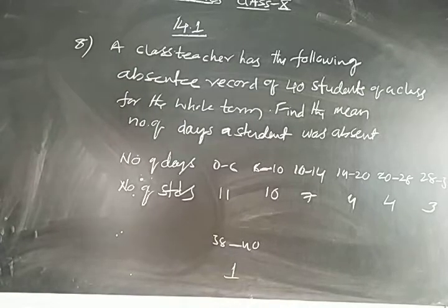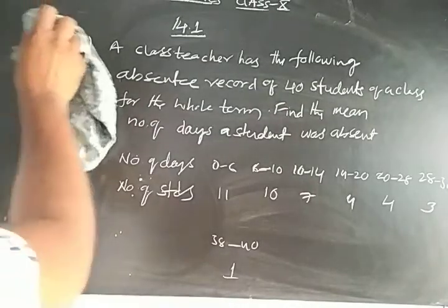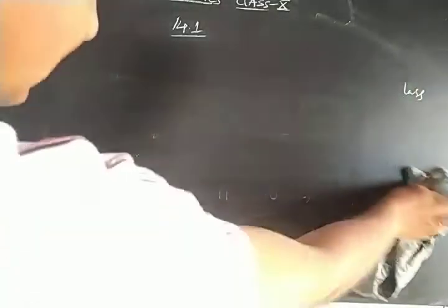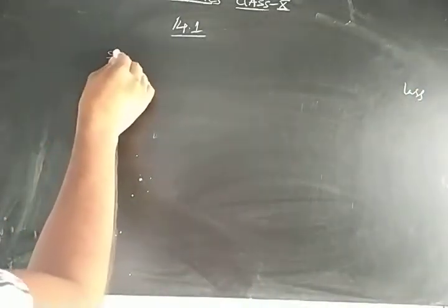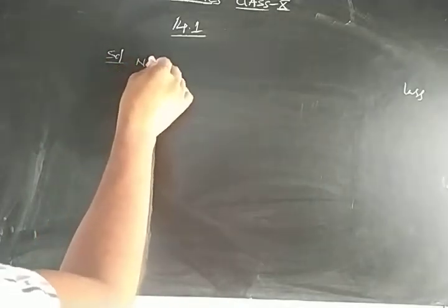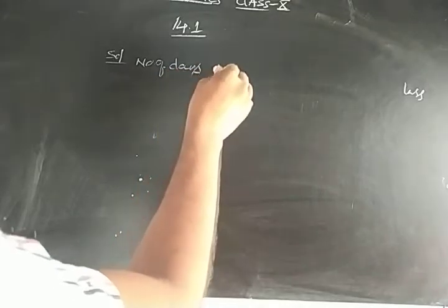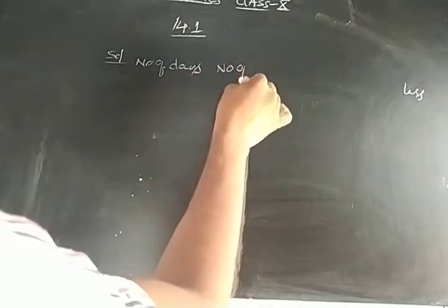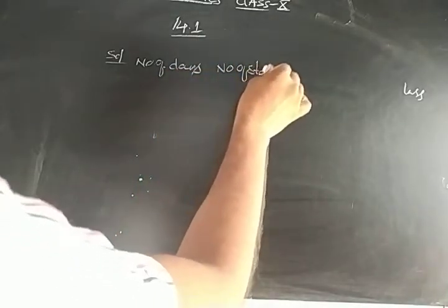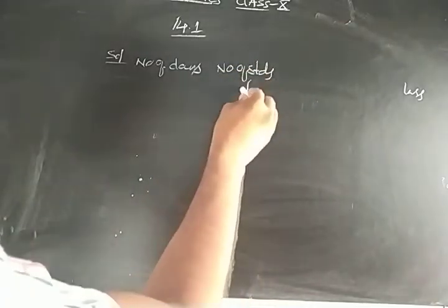Now I am going to find the mean of the given problem. So for that, again write the table in the solution also. Solution. Number of days in the first column, number of students in the second column. Number of students I am taking as fi.